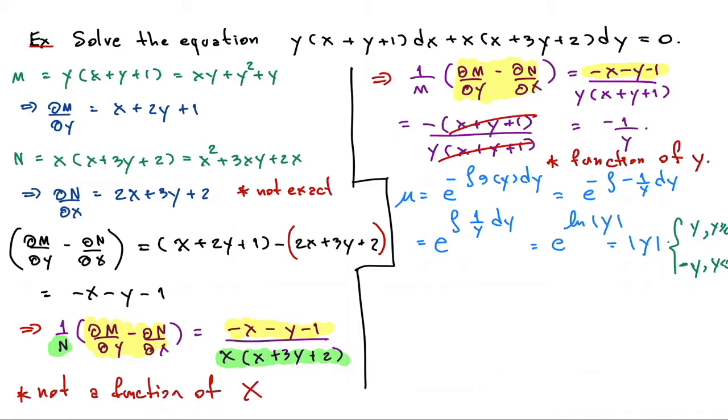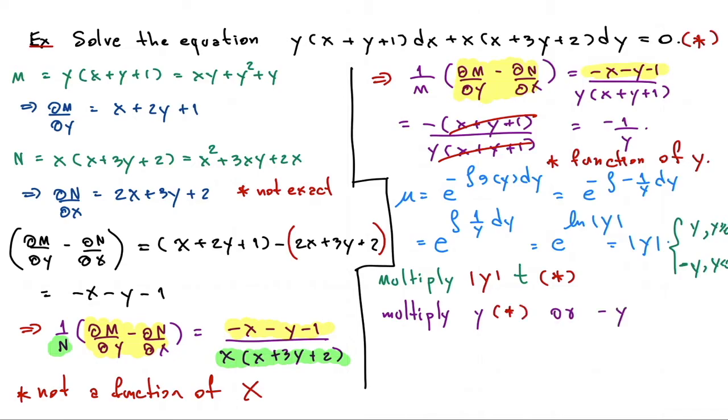If you multiply absolute y to the equation star, you need to choose between multiplying y to star or minus y to star.